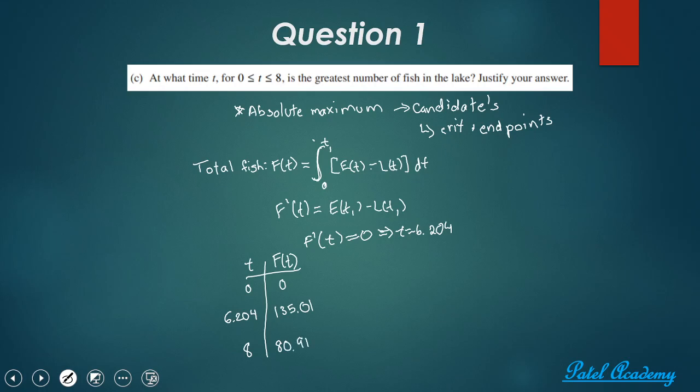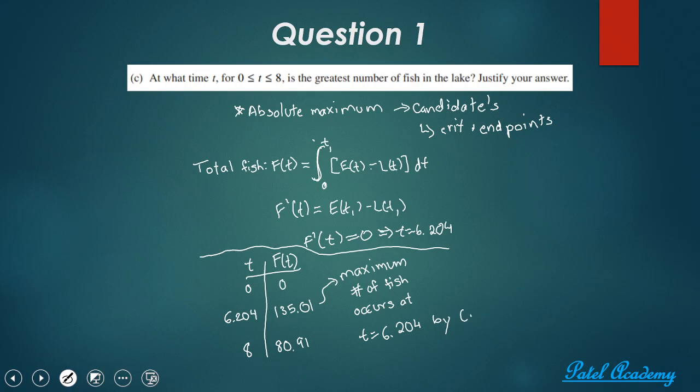Okay, so sorry, I'll just do a little separation. So what do we find? Well, at this specific time, this is the maximum value. So the maximum number of fish occurs at time t equals 6.204, and then when it says justify your answer, I would just say by the candidates test.